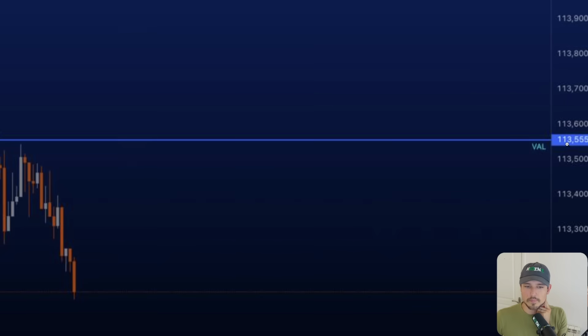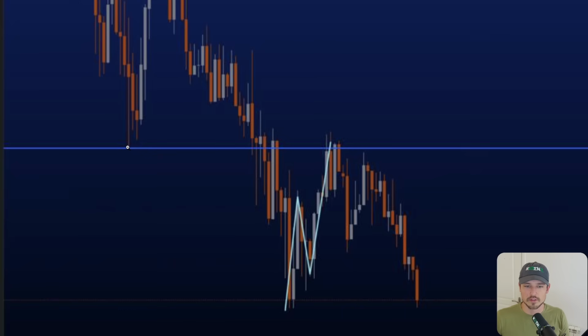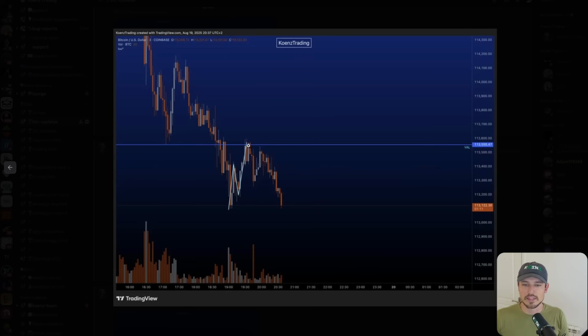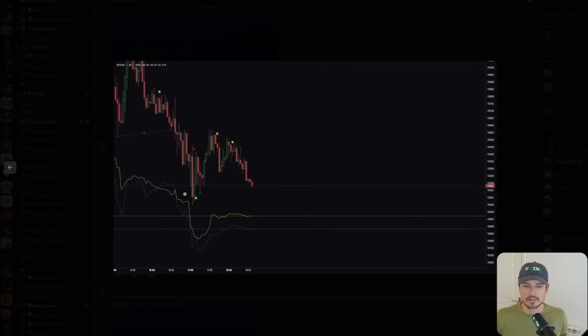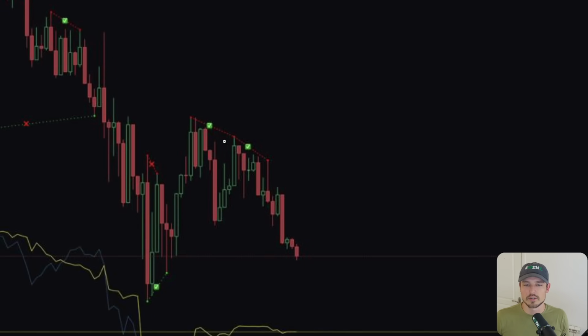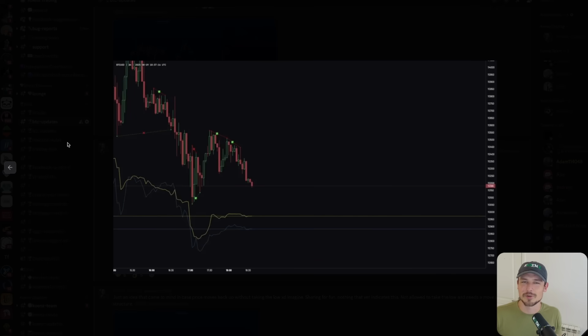Price initially found support, perfect, moved down, and then started to retest it as resistance. And while it was retesting the value area low as resistance, it then rejected, came back up, bearish CVD. And then again, price moves down, more bearish CVD. And that is exactly what you like to see.